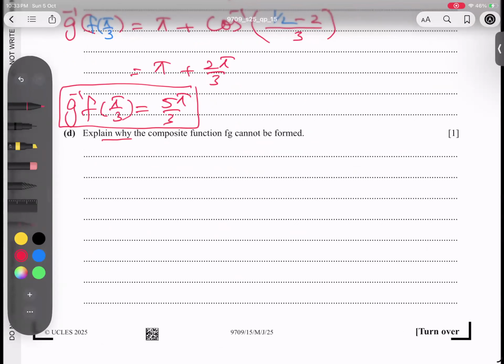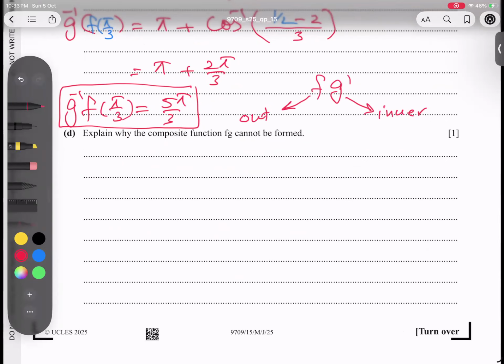The question asks to explain why the composite function cannot be formed. Basically, what is the criteria? When you talk about fg, this is called the inner function and this is called the outer function. What is the basic criteria of the composite function?